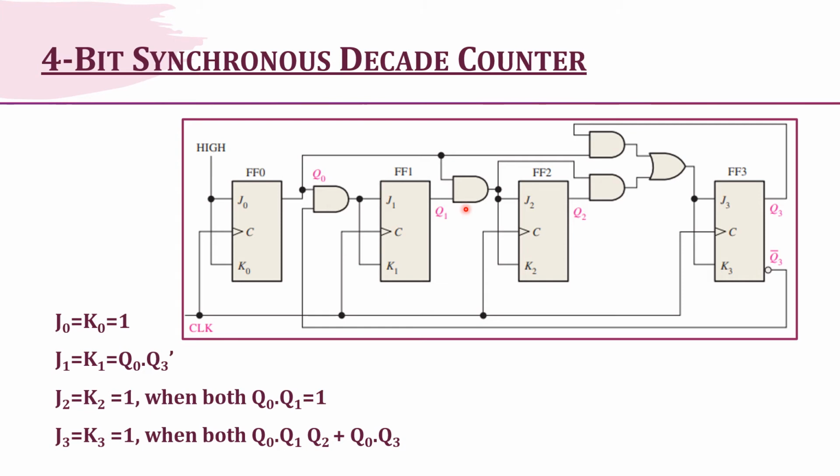Then J3 and K3 should be connected to Q0 into Q1 into Q2 plus Q0 into Q3. This is the Q0 into Q3 term and this is the Q0 into Q1 into Q2 gate. Either of these should be connected to the J and K terminals of F3. So this is the logic diagram of the 4-bit synchronous BCD counter.